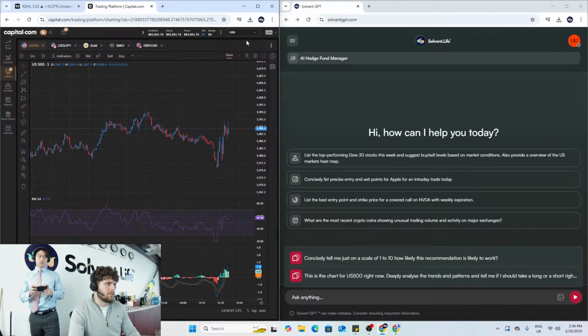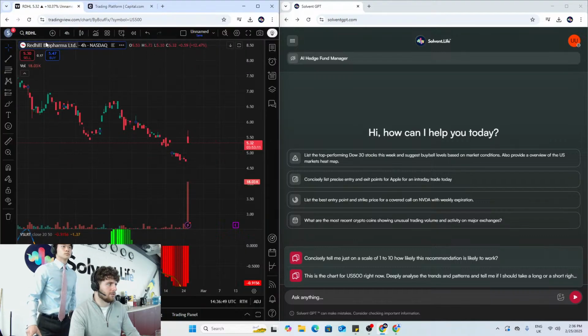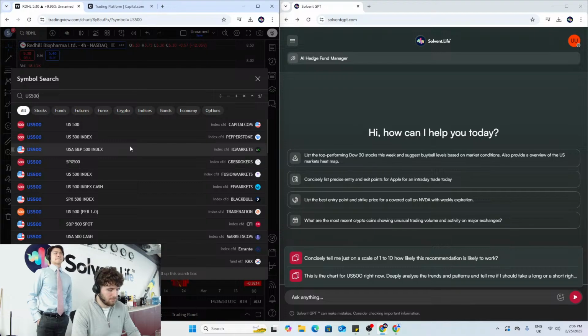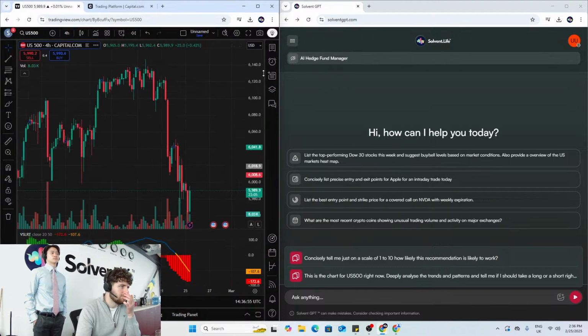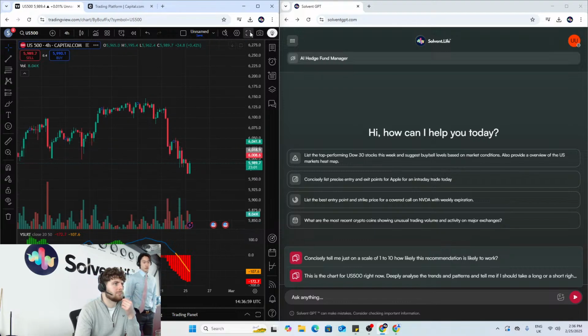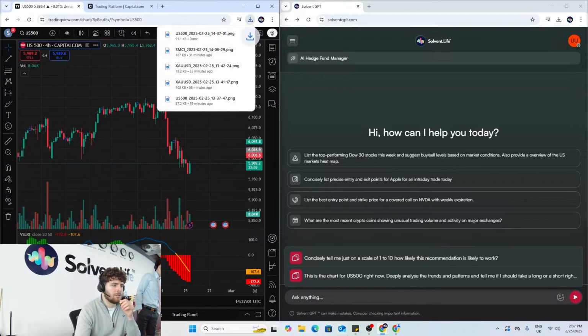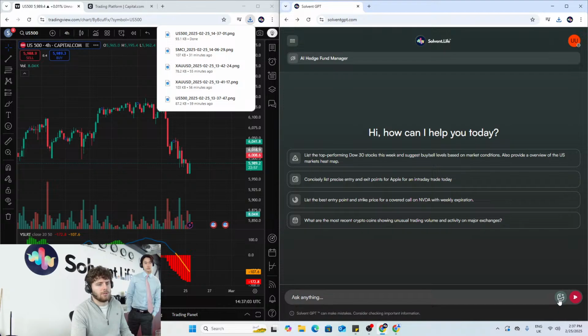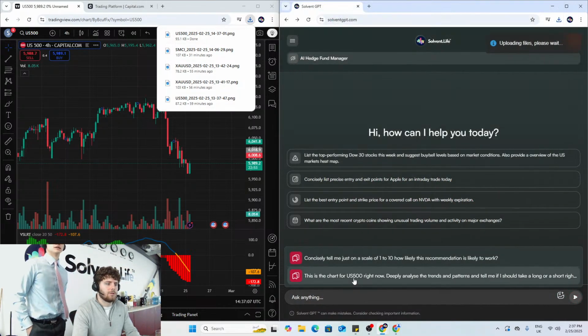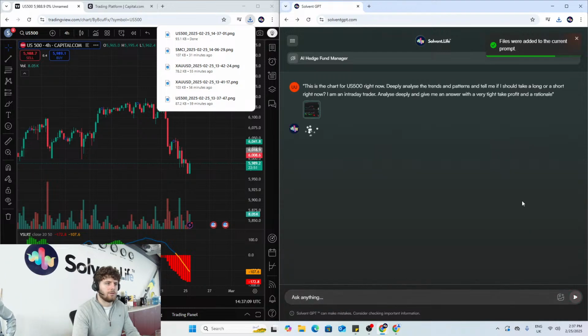Let's take a screenshot of the US 500 and just see whether there's a potential trade we can take. Download the image, we're going to attach it, and we're going to ask about the chart of US 500 now.